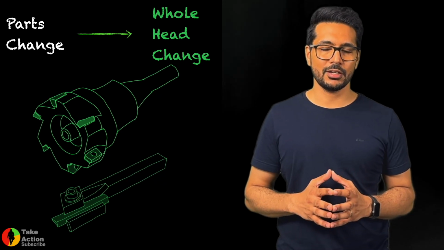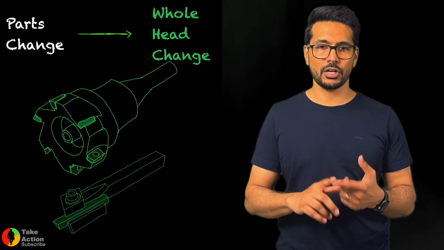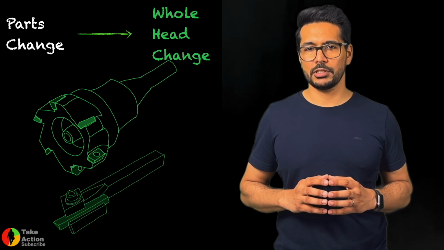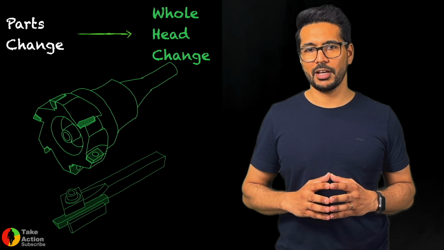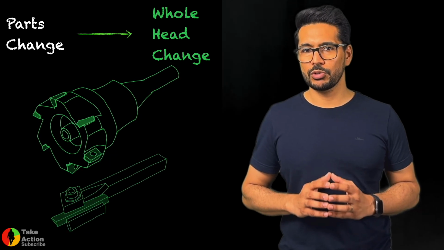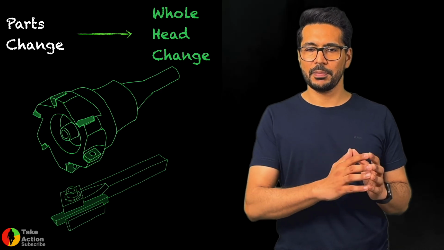Now we can say that not all of us are dealing with these simple heads, turning or lathe machines. I have seen this idea applies to most of the special purpose machines. It doesn't matter what type of machine we have. Most of the time we are spending a lot of time replacing one small tool or some wires or anything on that particular head.